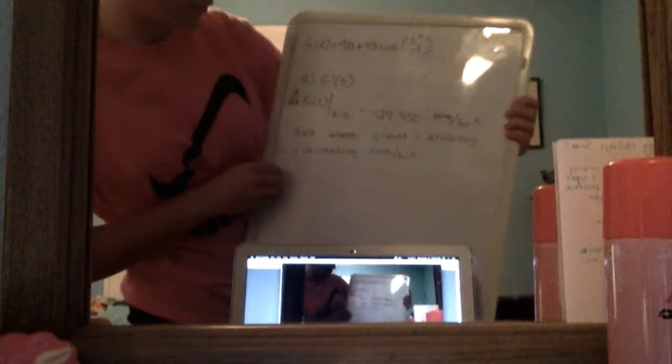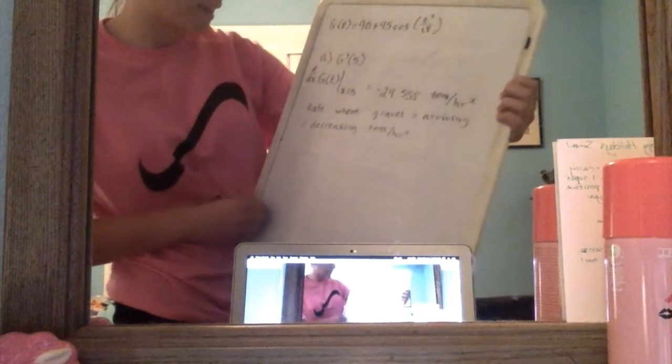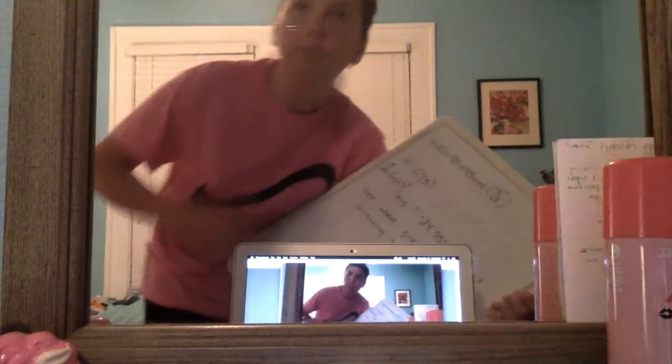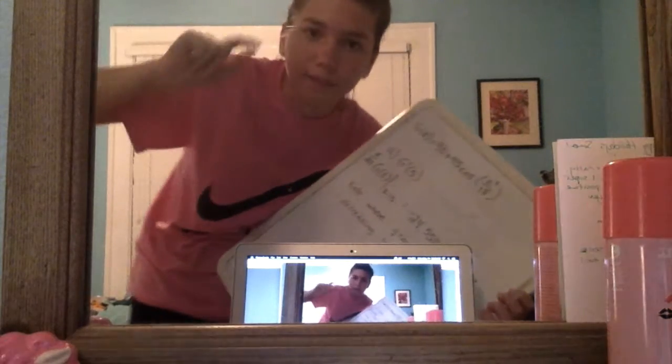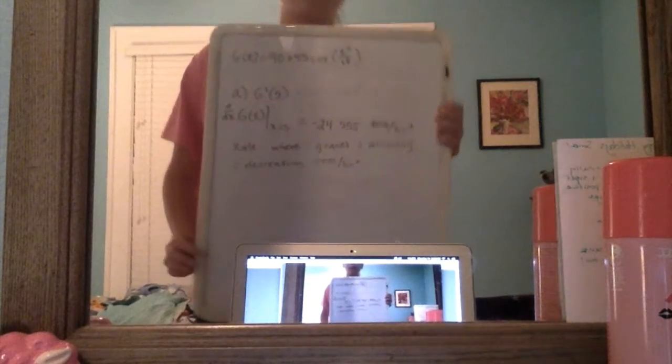And so you get g prime of 5 equals negative 24.558. Because you're taking the derivative of the rate at which gravel comes to the processing plant, in tons per hour, it means the rate is decreasing by about 24 tons per hour.